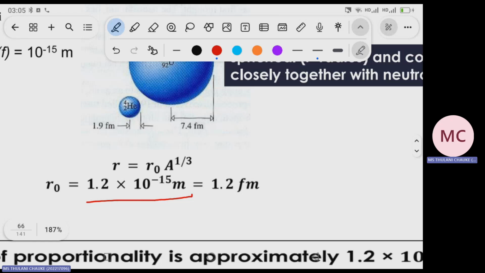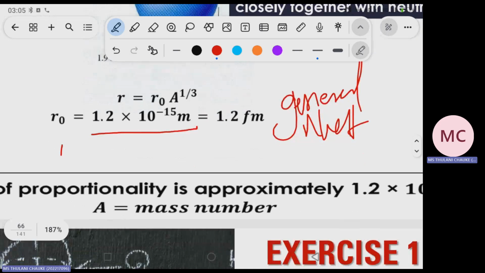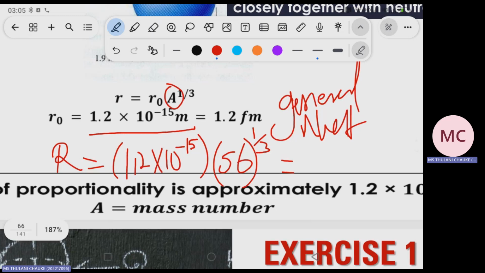This is the radius of a general nucleus. So with that question, you are just going to say r is equal to 1.2 times 10 to the negative 15. Then A is the mass, which is 56, to the power 1 over 3. Then you just punch that in your calculator.